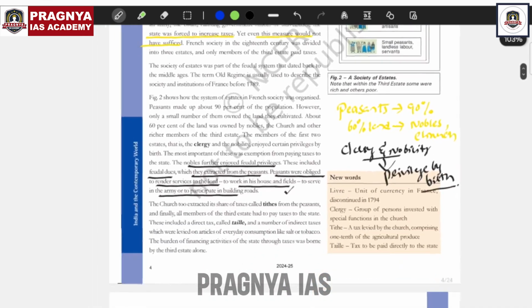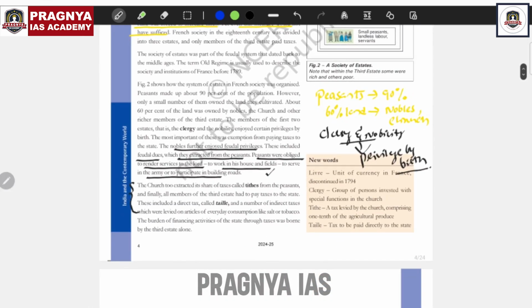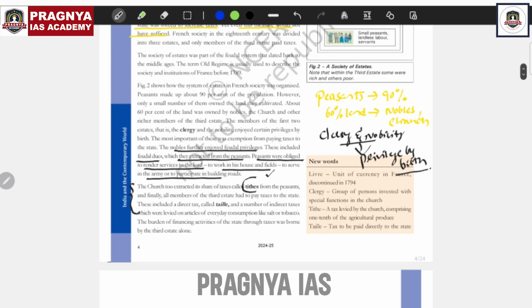Interestingly, the church also started extracting its share of taxes, known as tithe, from the peasants. Added to this, there was a direct tax called taille, and a number of indirect taxes also were collected from the peasants.